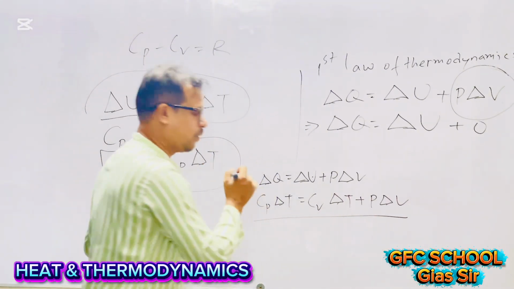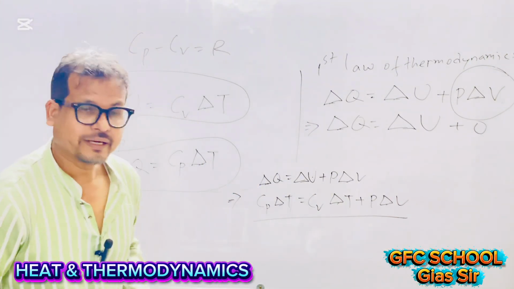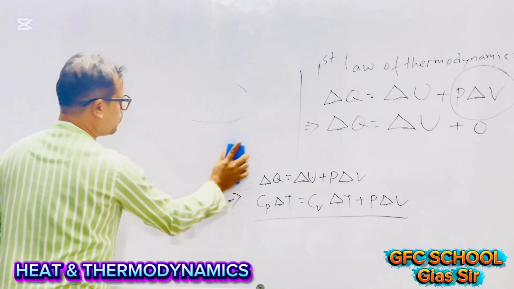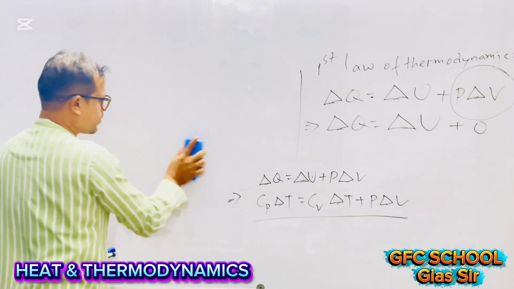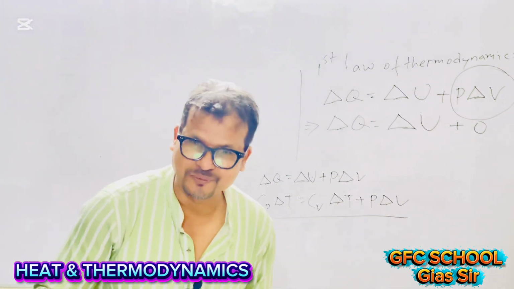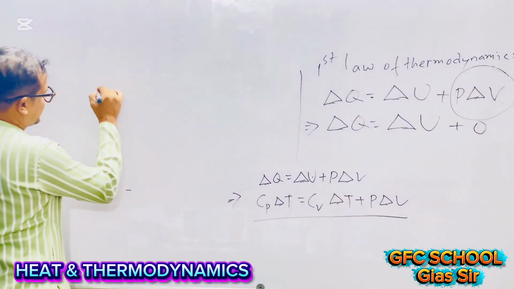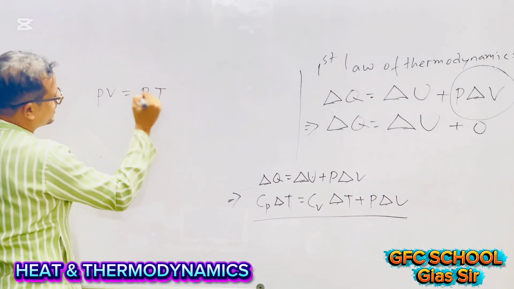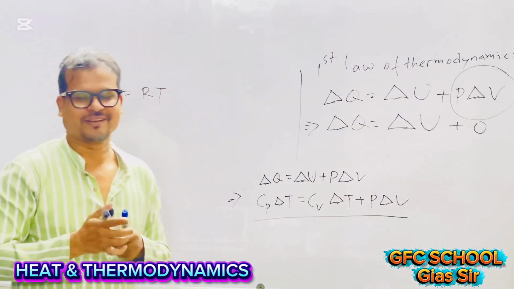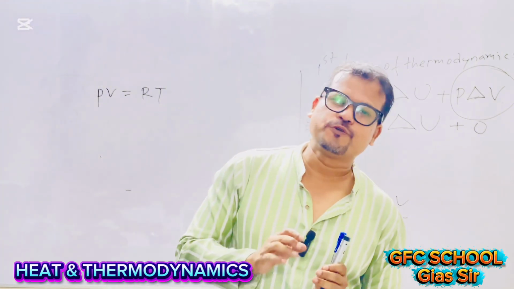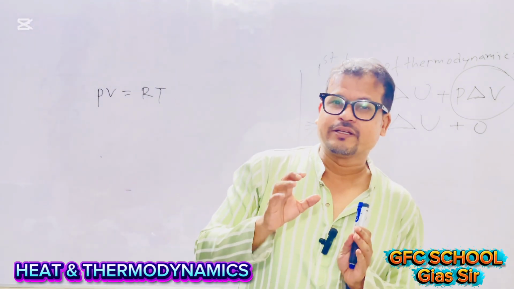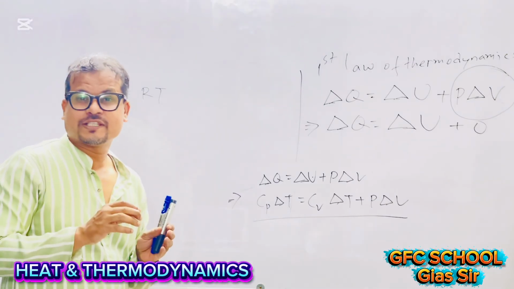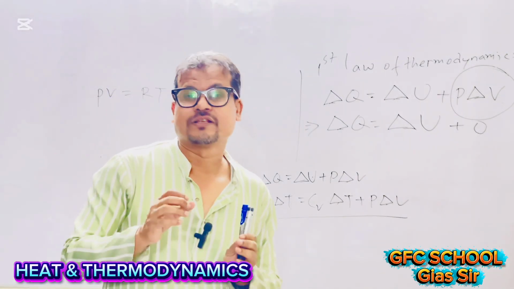Now we know the ideal gas equation. Do you know which one is the ideal gas equation? PV equal to RT. This is the ideal gas equation. Guys, since we've provided heat, there will be volume change and temperature change.